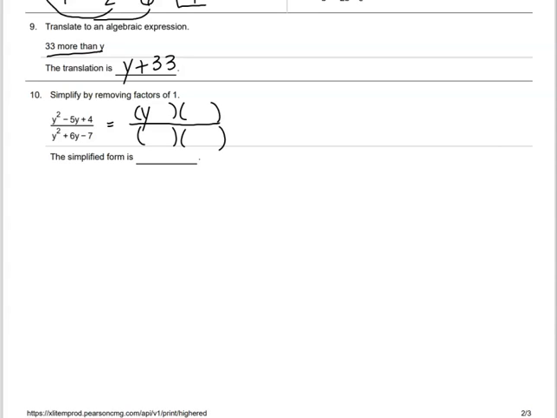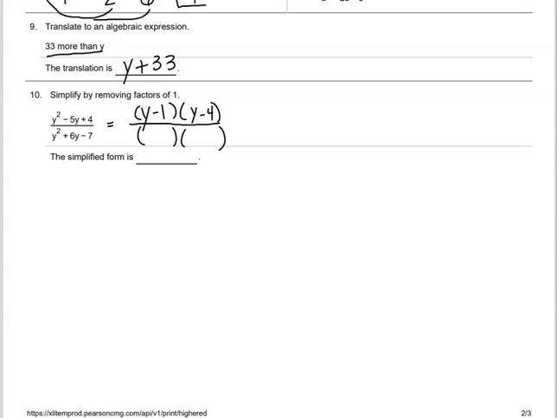Well, that's going to be y plus 5. I'm sorry, that's not correct. What multiplies to 4 and adds to -5 is going to be y minus 1, y minus 4. -1 times -4 would give us our +4. -1 plus -4 would give us -5.